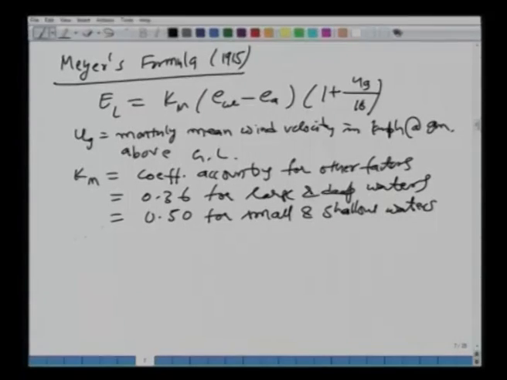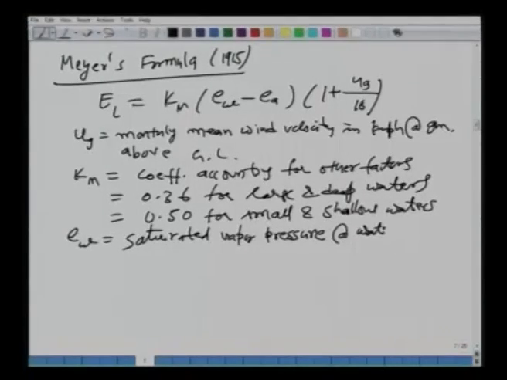What is EW in this equation? EW is the saturated vapor pressure at the water surface or close to the water surface.